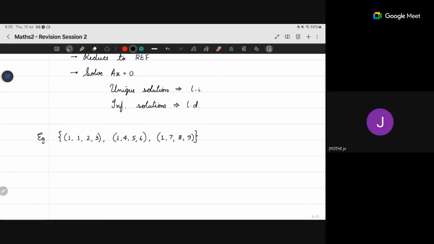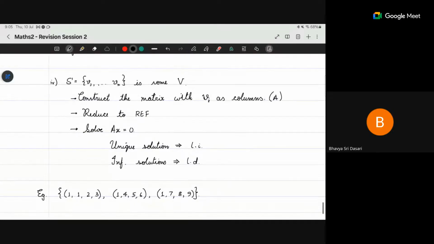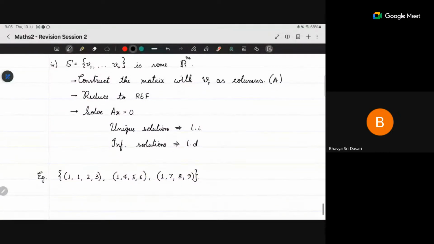Now this is 3 elements in R4. So can this method be used when it's not a square matrix? Yes, even when it is not a square matrix. This is for vectors in some Rm, not for general vector spaces where you cannot write matrices.